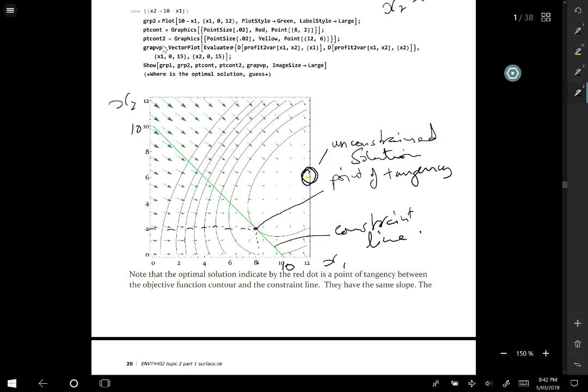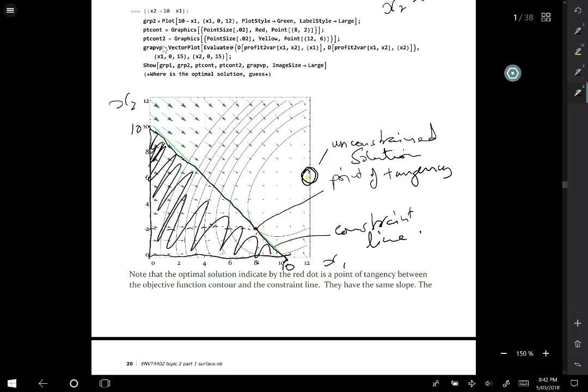In other words, those two lines have got the same slope at that point. And we've got non-negativity, so things can only be positive. Then we have to find a solution to this problem, which is somewhere in this triangle here.